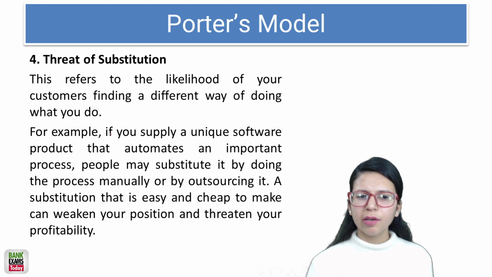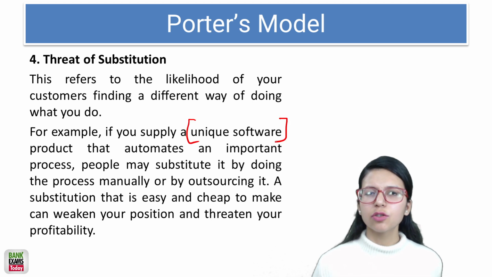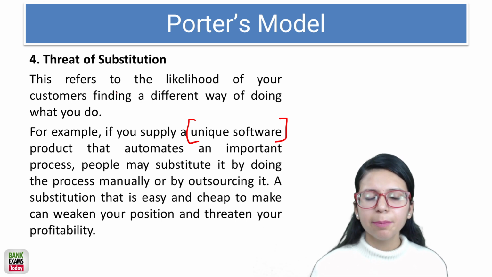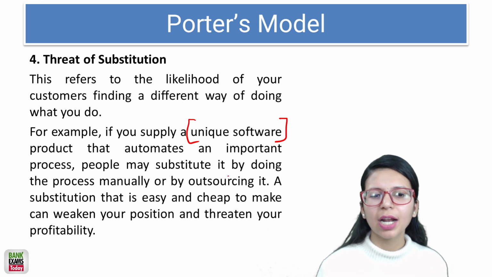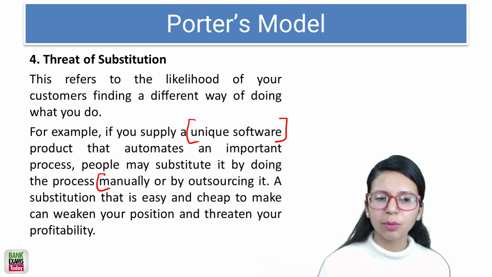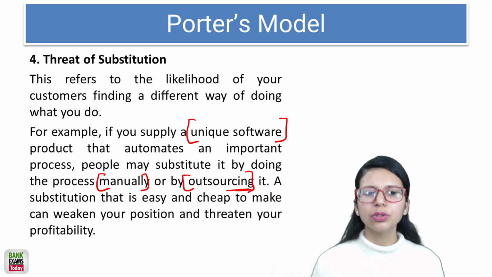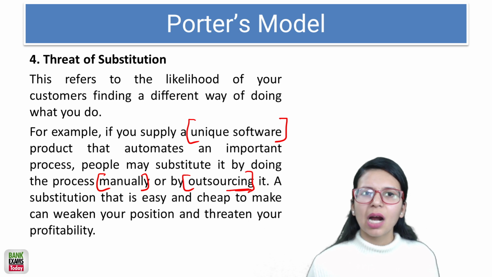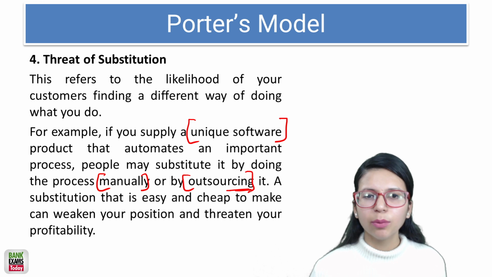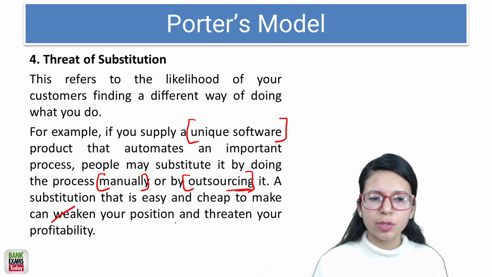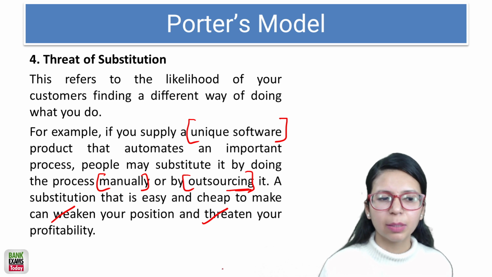For example, if you produce a very unique software product that automates an important process and works very well, people may substitute that software by doing it manually, or they will outsource it, right? Because that substitution will be cheaper, that will weaken our position in the market, and it will be a threat to our profits and profitability.